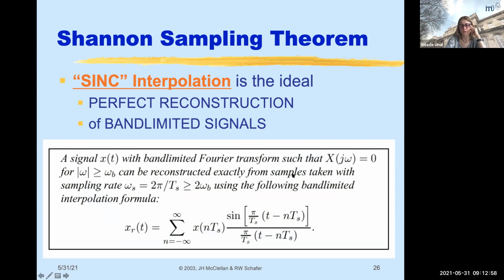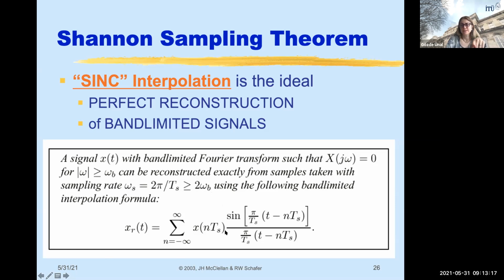This is important: from samples taken with sampling rate Ws at least twice the Wb, the bandwidth of the signal, and we have our interpolation formula.